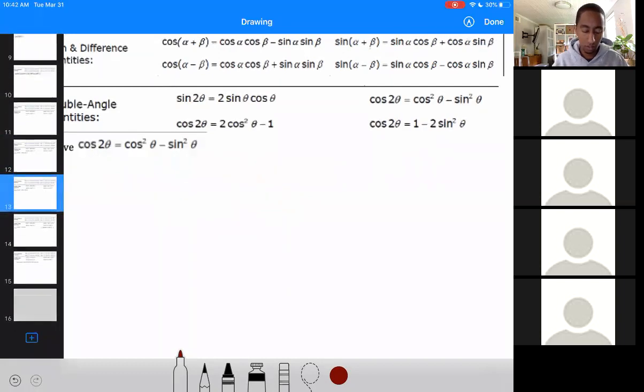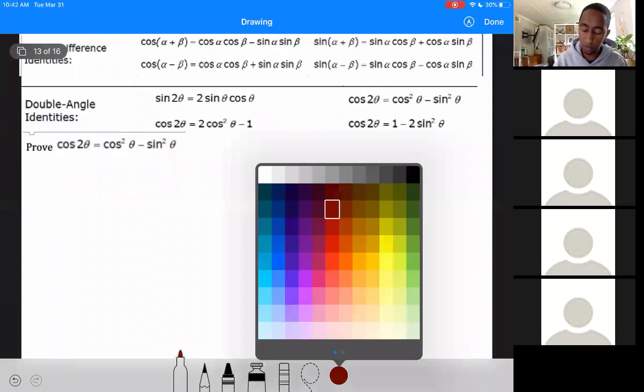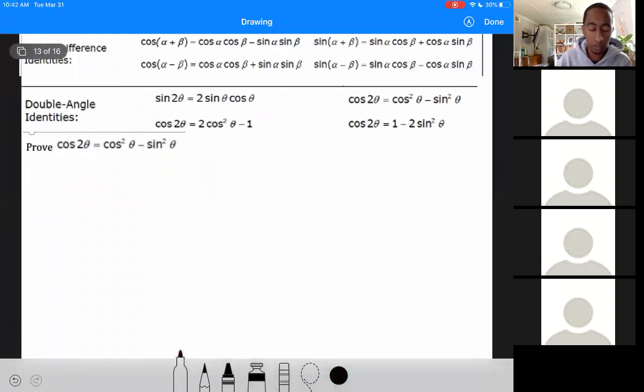All right. So let's look at this. It would be the same kind of concept for cosine of 2 theta. So if we wanted to prove this, we could split cosine of 2 theta into cosine of theta plus theta. And we're saying that alpha is theta, beta is theta.